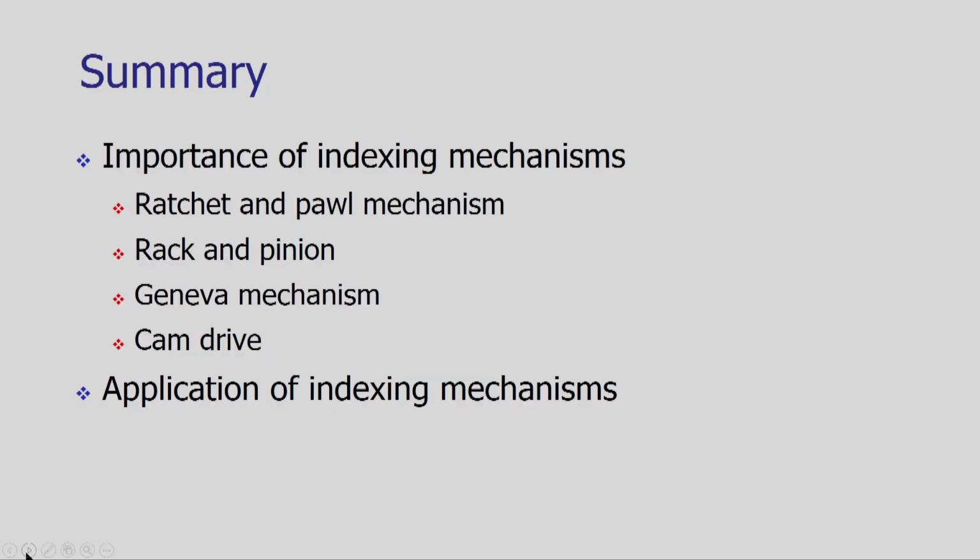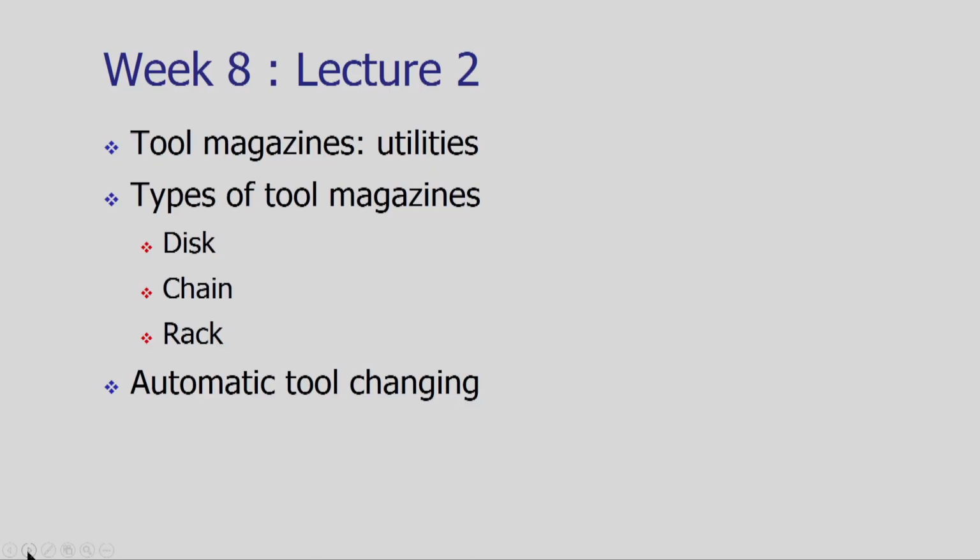In this lecture, we have studied the importance of indexing mechanisms, and then we learnt various indexing mechanisms such as ratchet and pawl mechanism, rack and pinion mechanism, Geneva mechanism, and cam drive mechanism. We have seen the principle of operation of these mechanisms. We have studied the applications of these mechanisms.